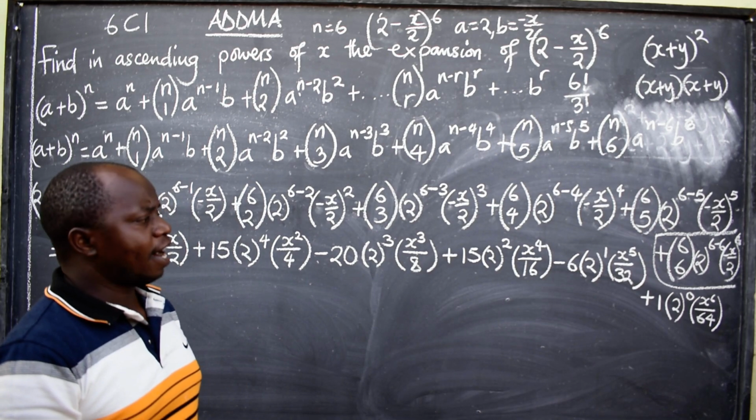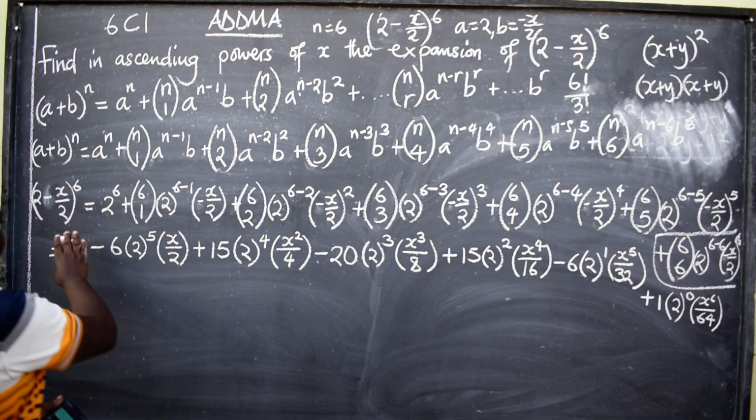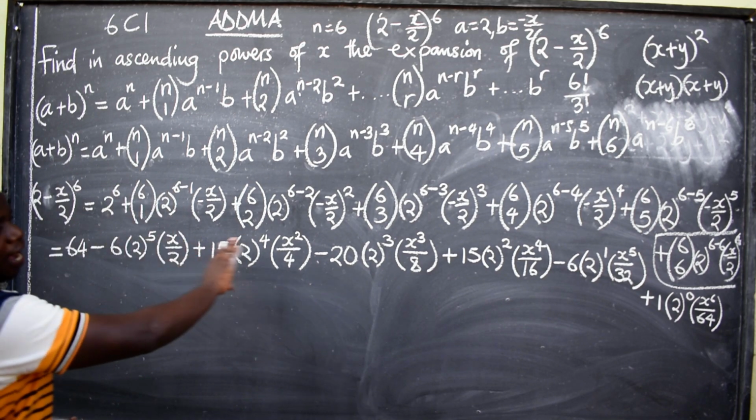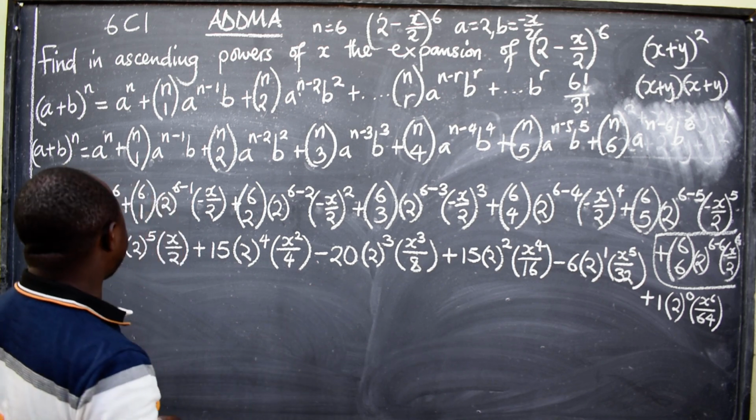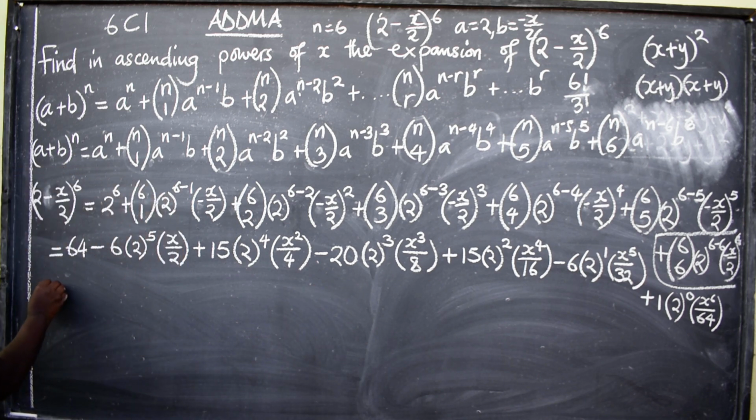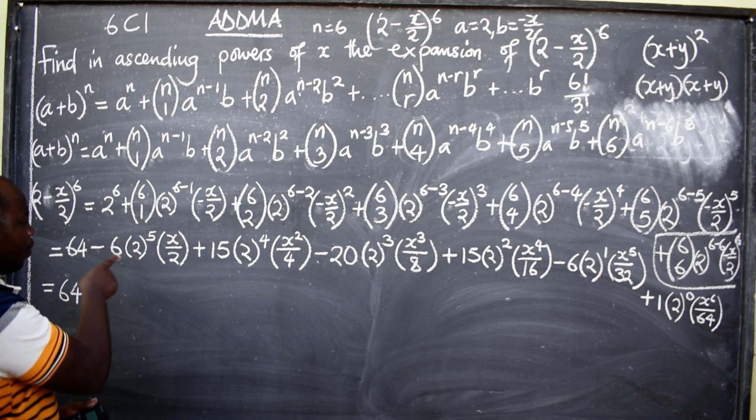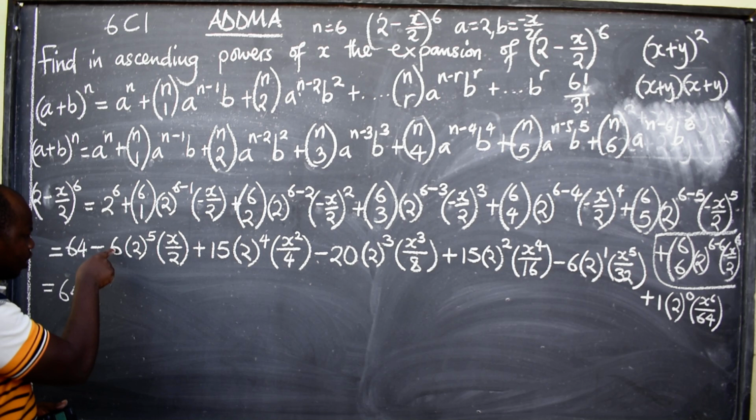Okay? I will now be able to come back here and reduce the terms. I'll say equals 64 here minus, be careful here. Where are you going to start from? You're not going to say 6 times 2.